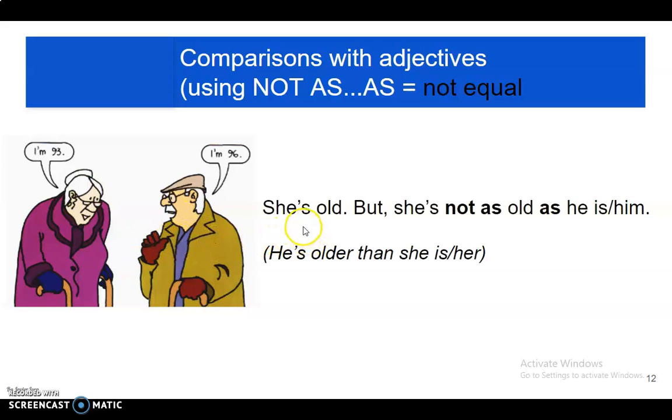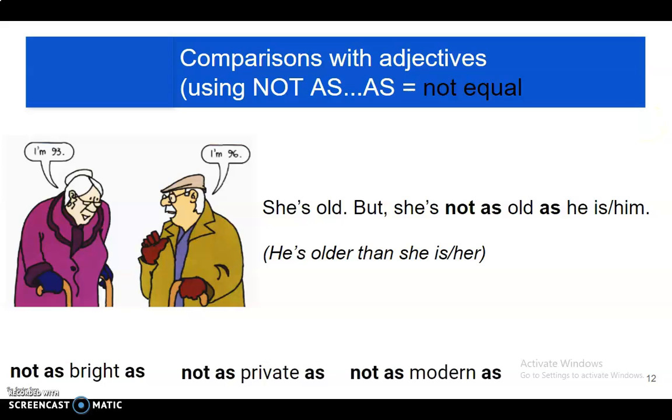We could say that she's old, but she's not as old as he is, or she's not as old as him. Another way to say this is that he's older than she is, or he's older than her. Other examples could be not as bright as, not as private as, not as modern as, or not as good as.